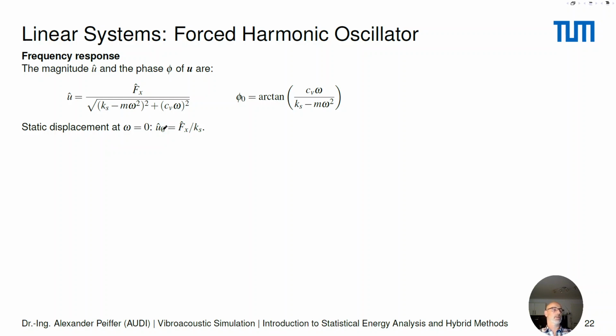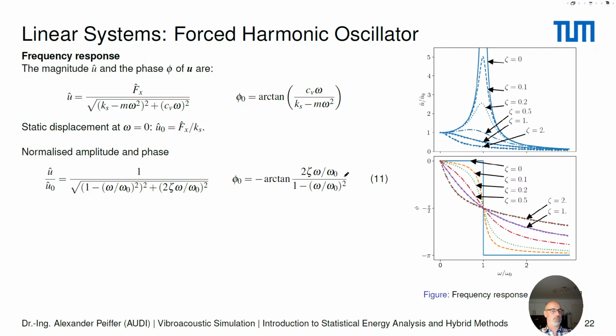So the static displacement at frequency 0 corresponds, that's logical, because that's only a static force acting on a spring. It's just exactly this zero displacement equation. If we do so, we get the normalized amplitude and phase, and we get this expression here and this phase, and this is printed in those diagrams.